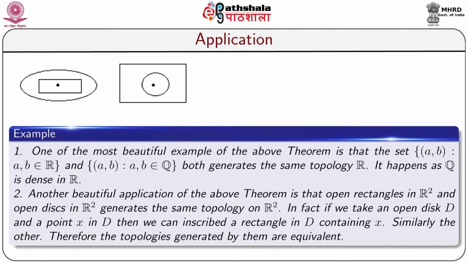Another beautiful application of the above theorem is that open rectangles in R2 and open disks in R2 generate the same topology in R2. We were talking about how a basis determines a topology. In the case of R2, we observed that both open disks and open rectangles are bases for the topology of R2. But how do these two bases generate the same topology?